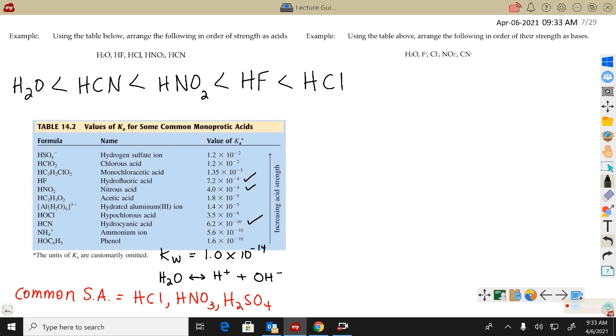But all of these negative ions can also act like bases. Here's kind of what would happen. Let's say I have fluorine ions and they're in water. Well, a negative ion is attracted to things that are positive, like hydrogen.